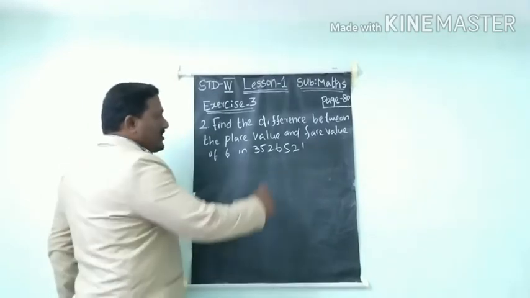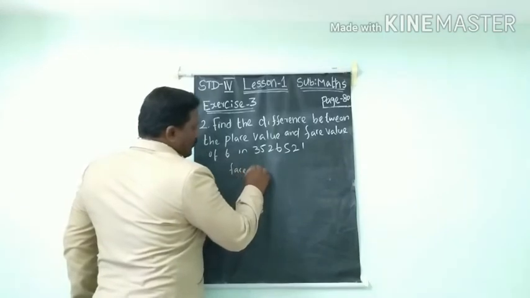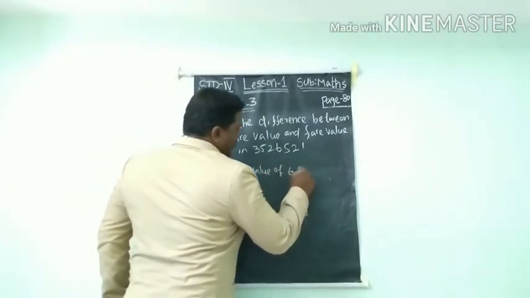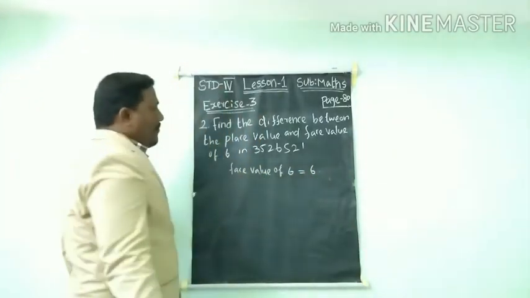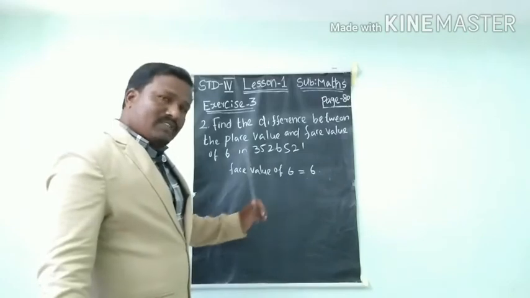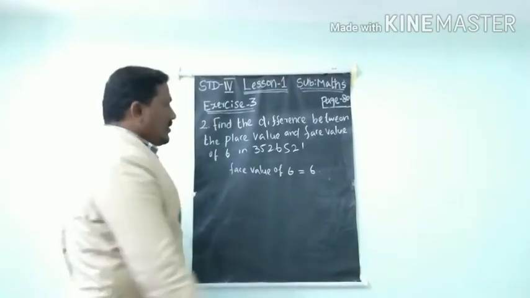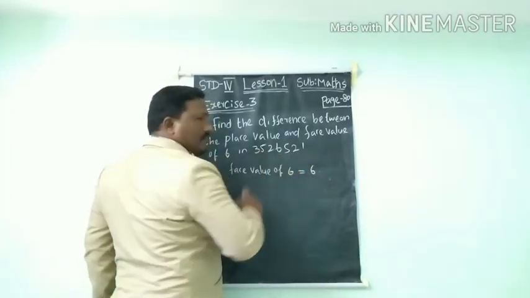What is the face value of 6? The face value of 6 is equal to 6 only. Okay. Then what is the place value? So it's ones, tens, 100, 1000.